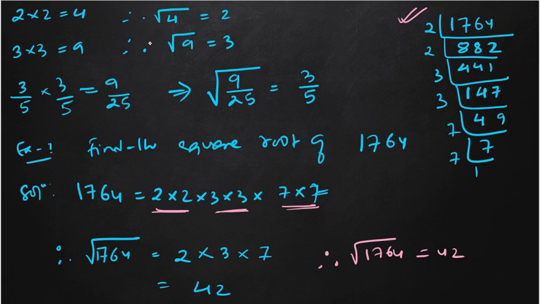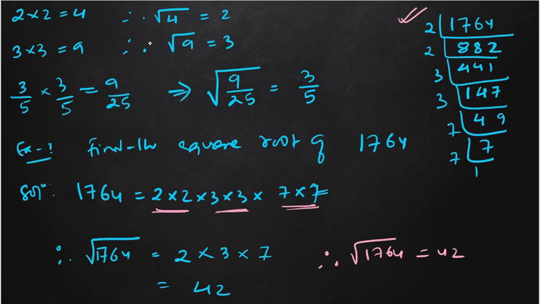Then we make pairs of similar factors. After making the pairs, from every pair we choose one. If you multiply those factors, we will get the square root of that perfect square.